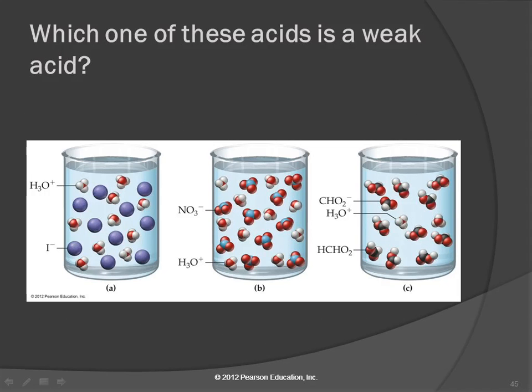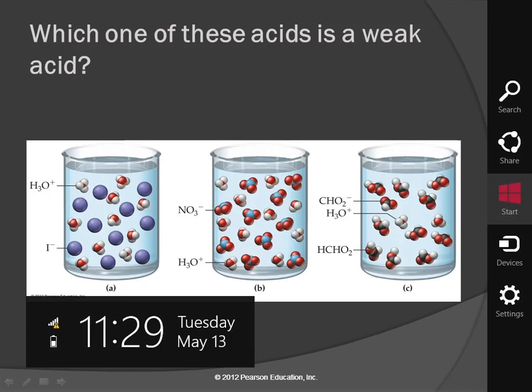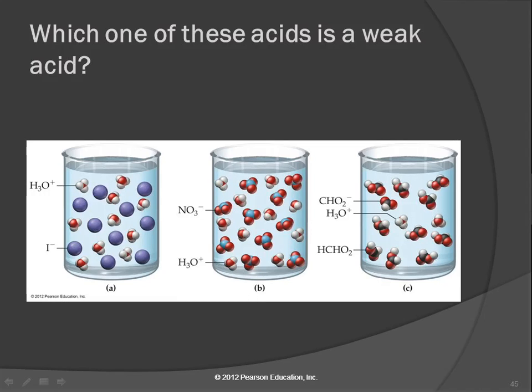Okay, looking at pictures, A, B, or C, which one is a weak acid? Do we know what we're looking for? We're looking for ions and molecules. And they're labeled here for us.